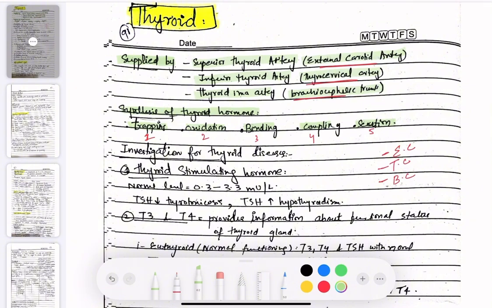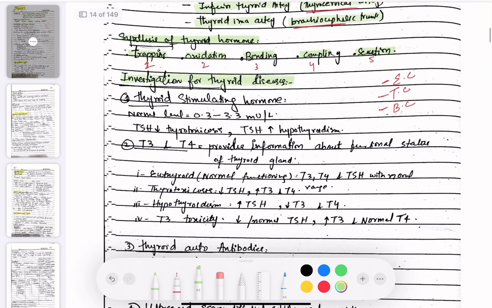Now what are the investigations for thyroid diseases? First of all, the thyroid stimulating hormone level is checked.